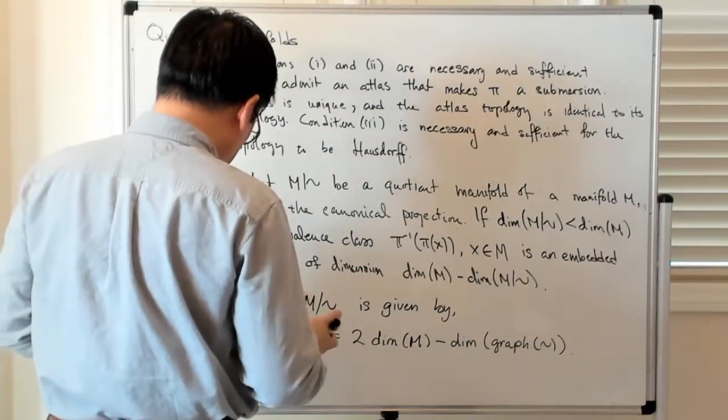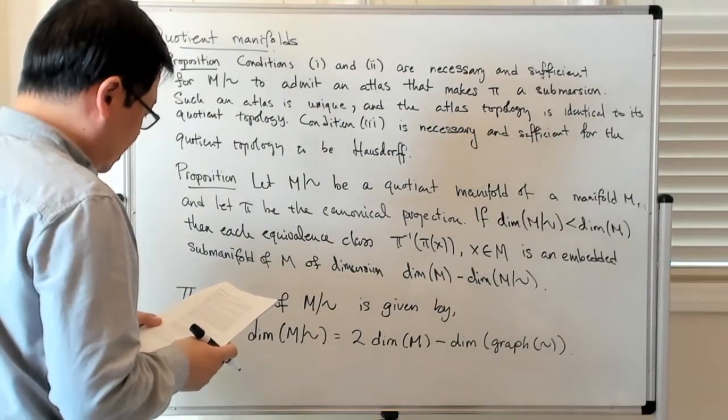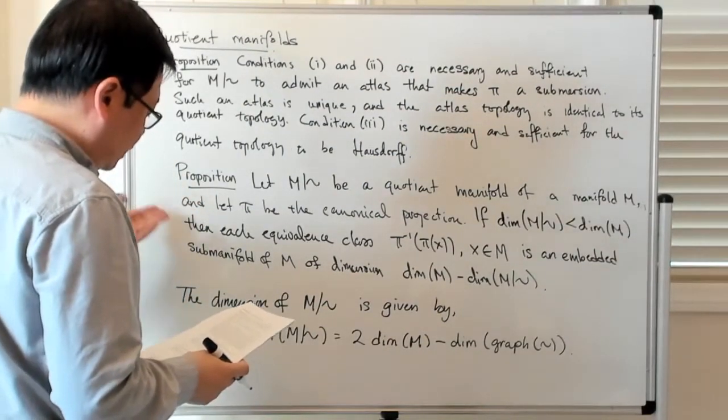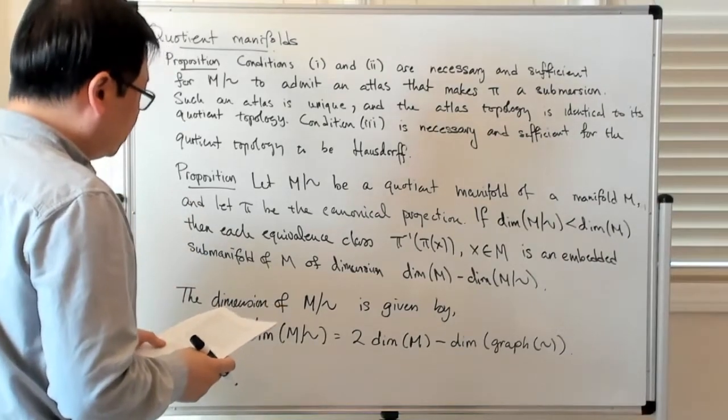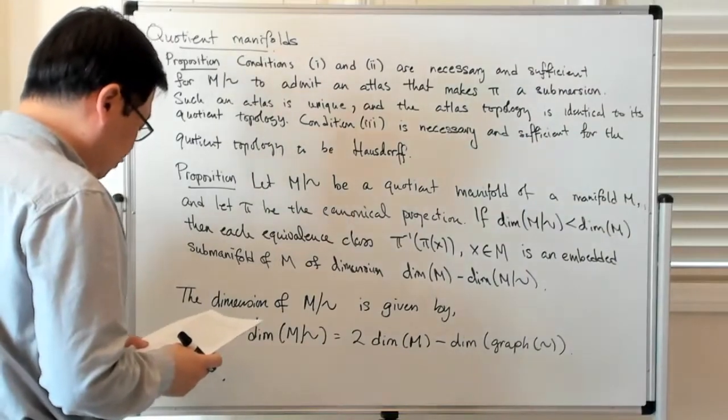And then, if you're working with M being the space of matrices, for example, then you could have a matrix quotient manifold.